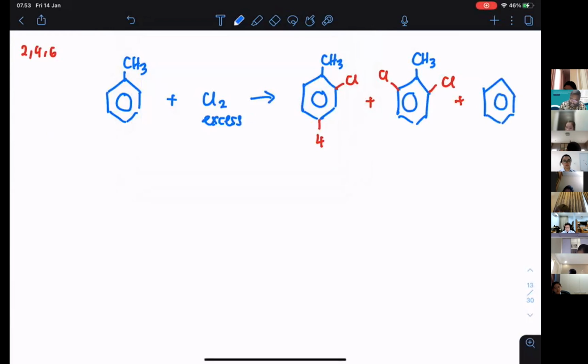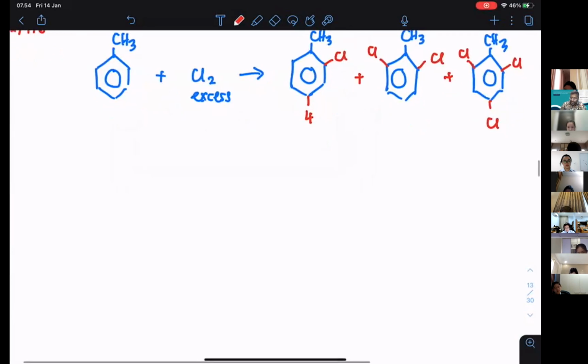So I am going to put the Cl here, Cl here, Cl here. Of course, if you want to balance, you have HCl, this is 7, so this one is going to be 3. Balancing is not so important for now.